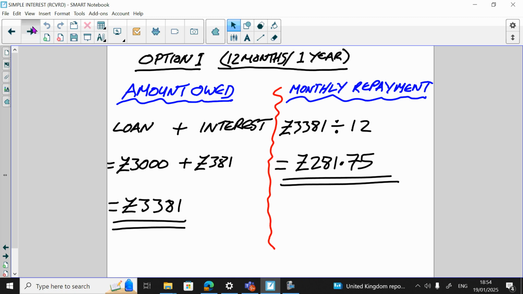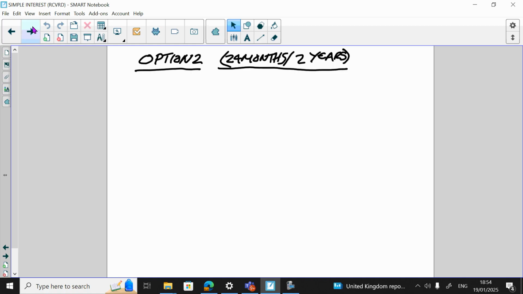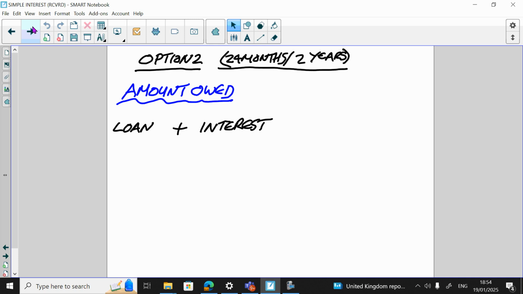So that was option 1. Option 2 was the 2 years, or 24 months. They initially stated it as 24 months, so let's go for 2 years. Amount owed: the loan which was borrowed plus interest.